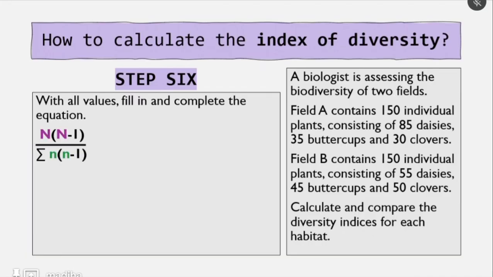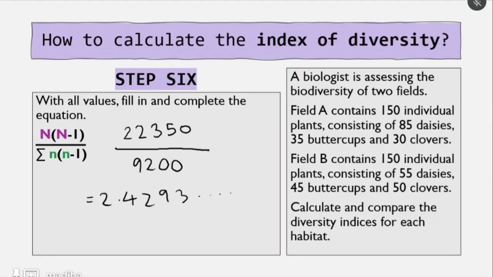Okay, next step. With all the values, we're going to fill in and complete the equation. So we've got the numerator. We wrote it down before. It's 22350. And what we just worked out right now was 9,200. So we're just going to put that in the equation. So in the calculator, it says 2.4293, blah, blah, blah.